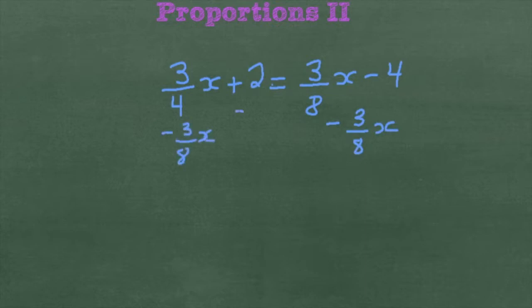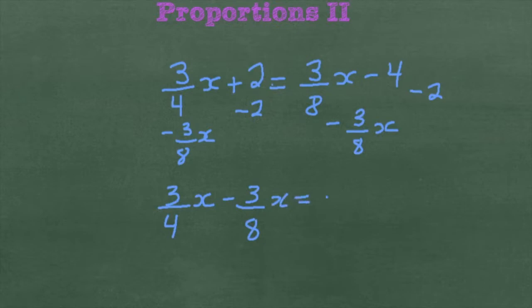And I'm also going to subtract 2 on both sides in order to get my numbers on one side. I'm just going to leave this like this right now because I cannot subtract 3 over 4 with 3 over 8 right away, because there's no common denominator, and this is what I am left with.